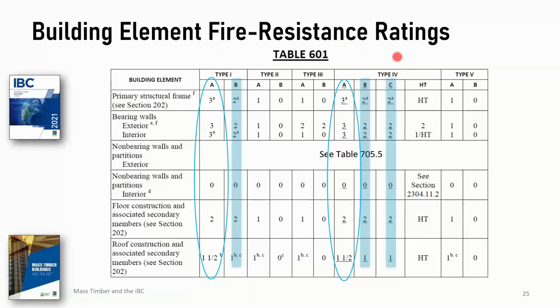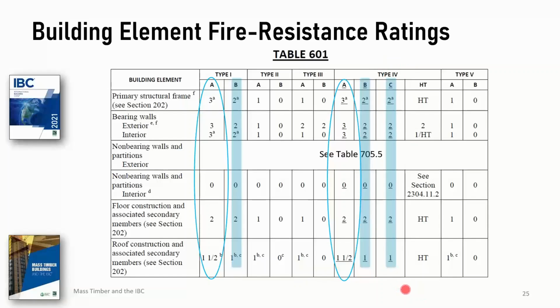For type 4C, which is exposed, where you can have exposed mass timber, they said, let's make it rated mass timber, but since we're not going to require non-combustible protection, let's make the ratings the same as 4B. Let's make them conservative. So they did. So 4C, it's 2 hours throughout. And as a result of that, there are some additional stories allowed in the 4C height, as we'll see.